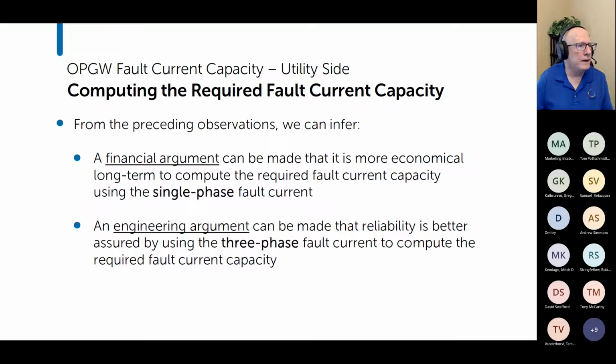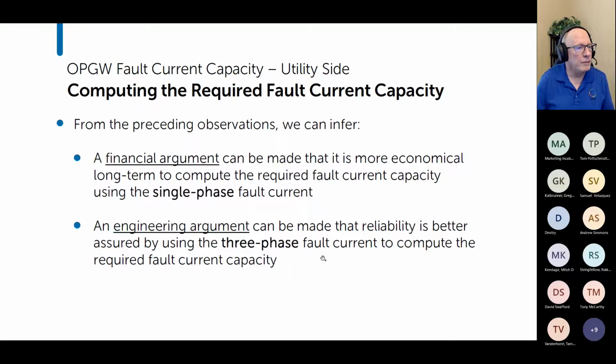But what you can say is that I can make a financial argument that it is more economical long term to compute the required fault current capacity using the single phase fault current. But I can then make an engineering argument that reliability is better assured by using the three phase fault current. So which is more important to you?